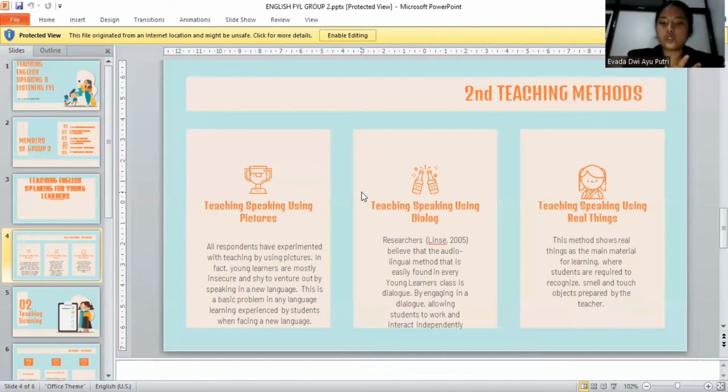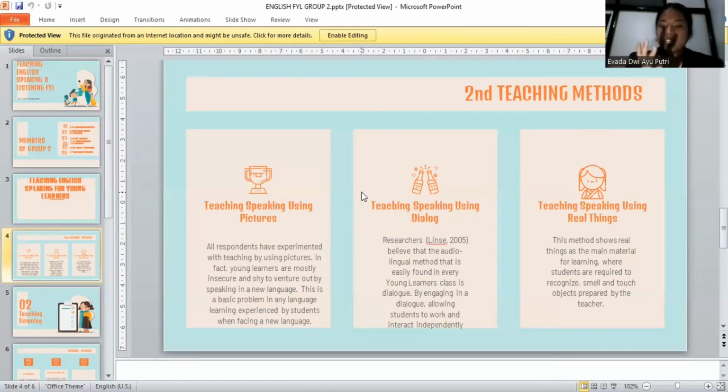Showing real things to discuss with the class for young learners, especially for first graders, is very helpful for speaking skills to stimulate students' activities.